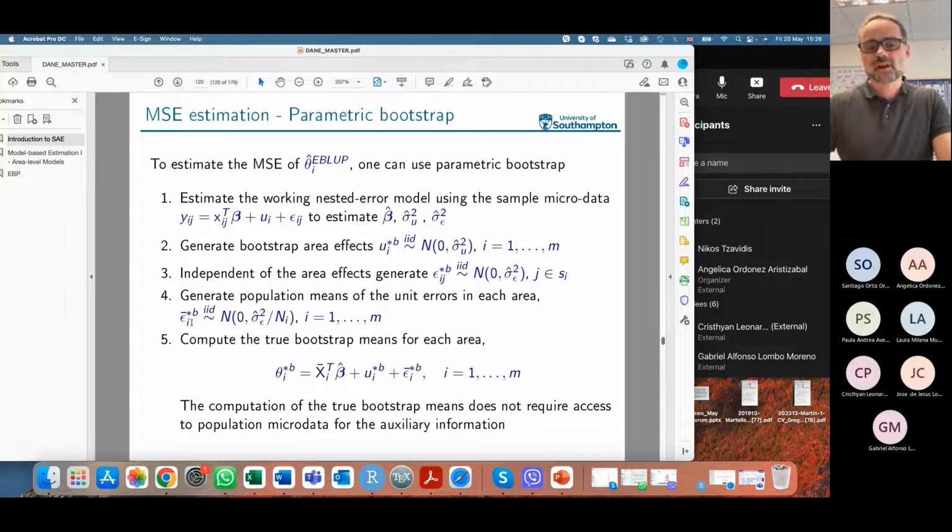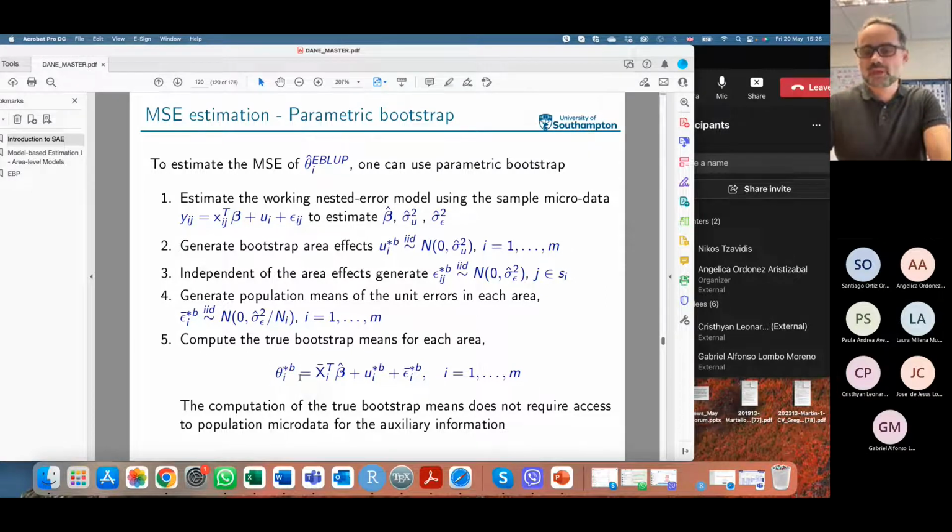I describe them as epsilon i bar star b from this distribution here. So that will follow, because it's a mean, a normal with mean 0 and variance sigma squared epsilon divided by n_i.